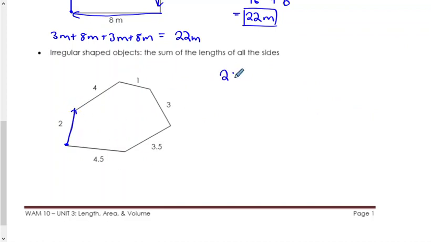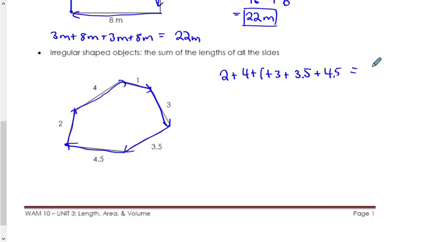Okay, so I have 2 plus 4 plus 1 plus 3 plus 3.5, and my last side is 4.5. So there's my entire perimeter. So 2 plus 4 plus 1 plus 3 plus 3.5 plus 4.5.